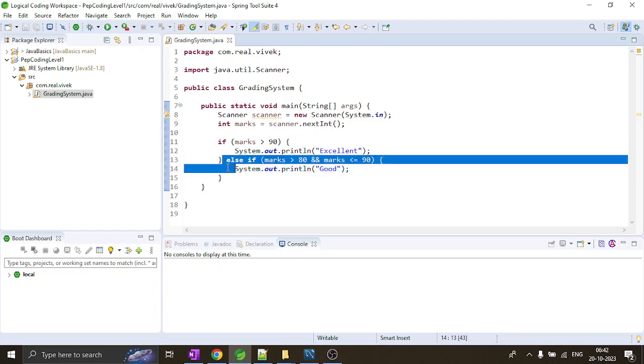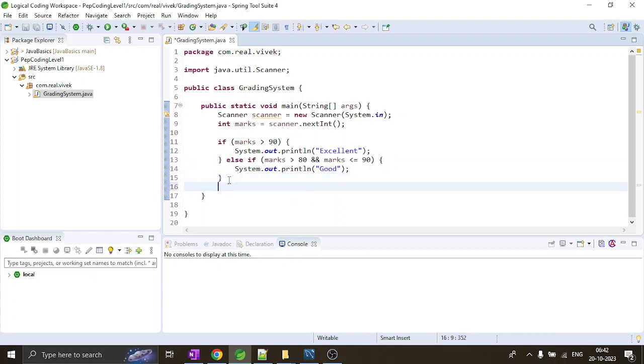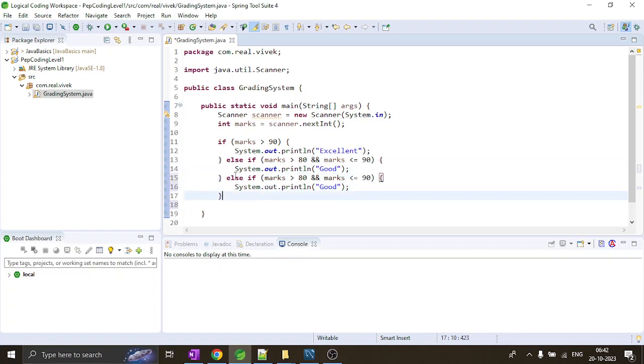And let us try to have similar kind of statements here. For marks above 70 and less than equal to 90, we have a condition for marks below 70, right? That is above 60, less than equal to 70. We'll have one condition.